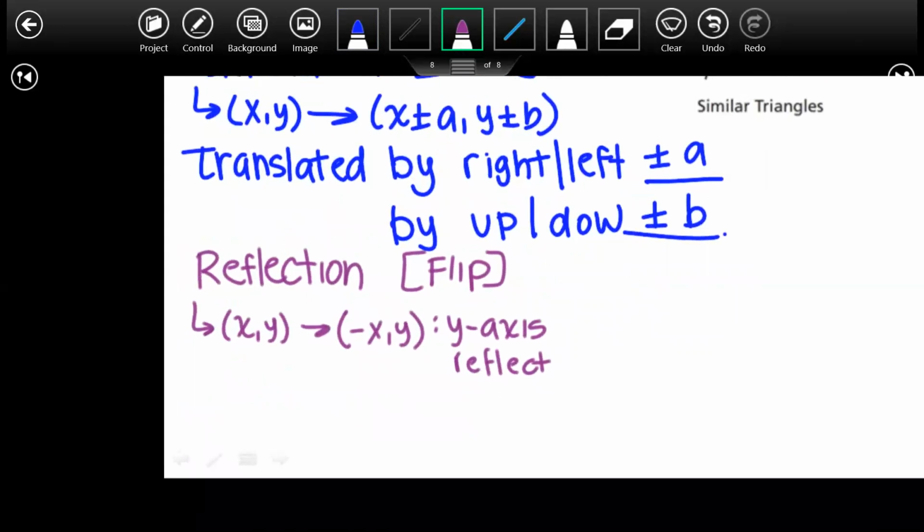And our other version we refer to as (x, y), in which we're going to get (x, negative y), is an x-axis reflection.